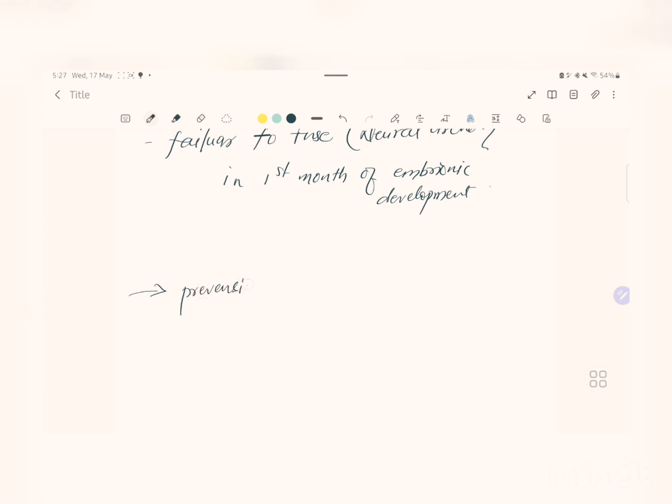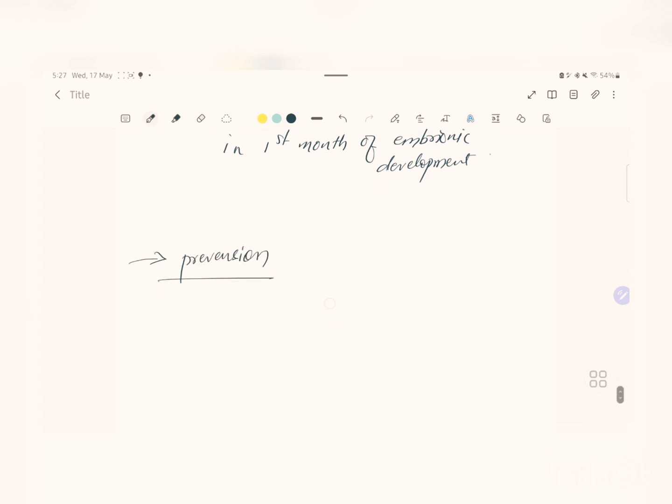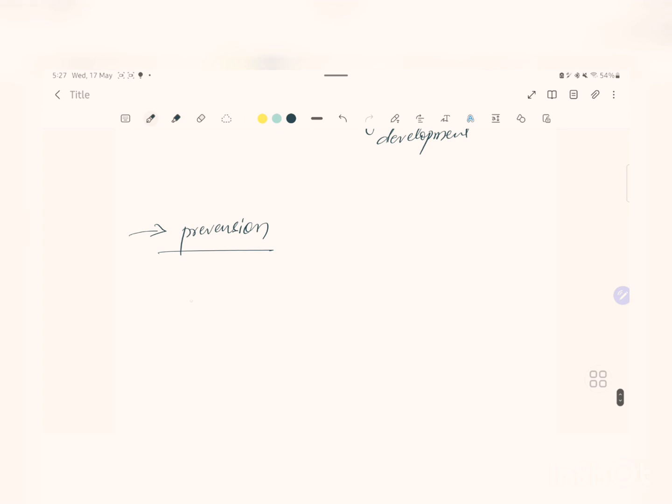Another factor is a previous child with spina bifida. So prevention, how can we prevent spina bifida?